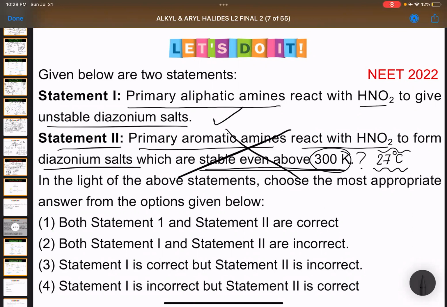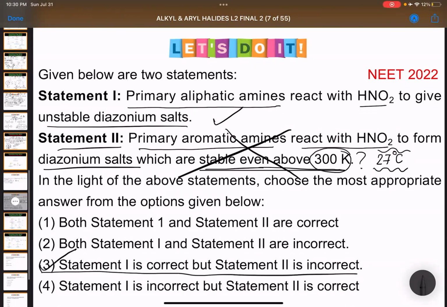Because you need to judge the correctness of the statement as a whole. Okay, so what is going to be the answer? Very simple. Statement 1 is correct and the second is incorrect. That's it. So simple, but you need to be very alert to know this.